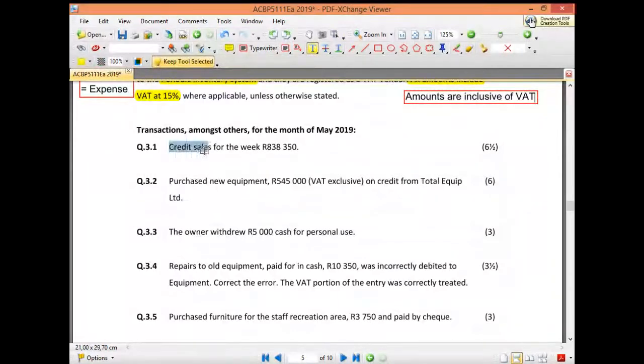The first thing is we had credit sales for the week of 838,350. So what will we debit? What will we credit? Let's quickly see if I open here, if you can see the Excel.